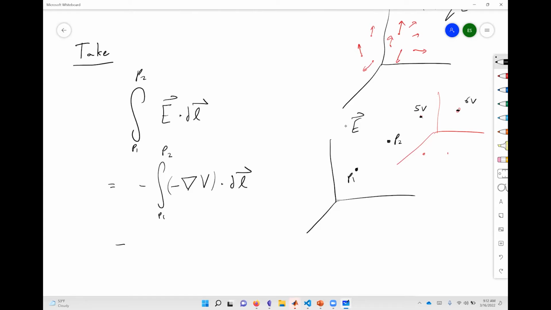I can take the minus out. Remember from the fundamental theorem of calculus, I can write this, the differentiation operator under the integral, in terms of the boundary. So this becomes V(P2) minus V(P1).